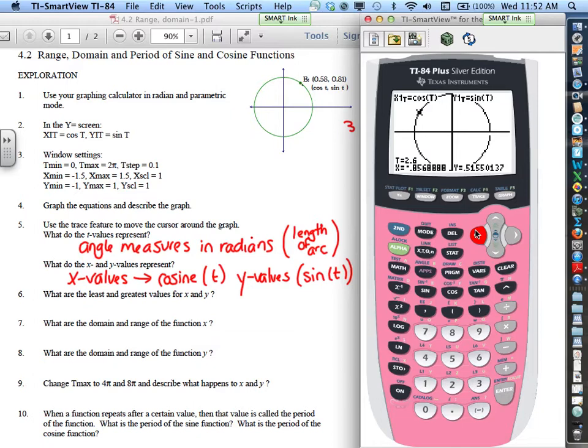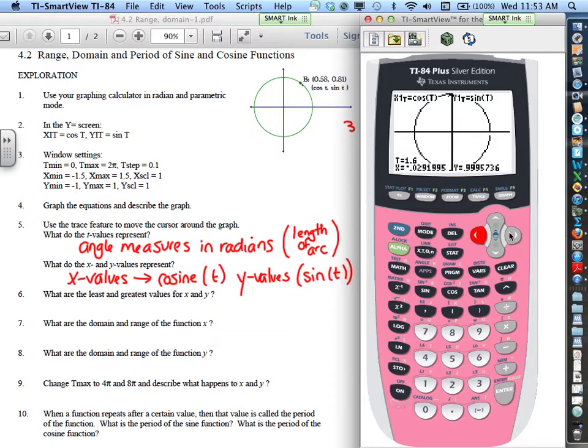What are the least and greatest values for x and y? You can scroll around here. If I start back at the beginning again, it's back at the starting point. Starting point x is 1 and y is 0. If I scroll back up to 90 degrees, pi over 2, my y value is really close to 1.